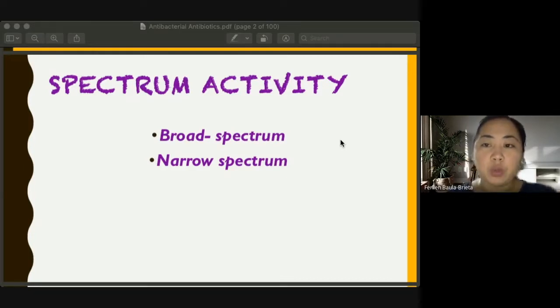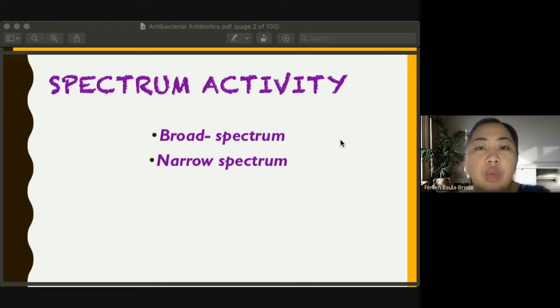The spectrum of activity can be broad spectrum or narrow spectrum. When you say broad spectrum, the activity of your drug covers a lot of infectious agents across different groups or different kinds of infectious agents.